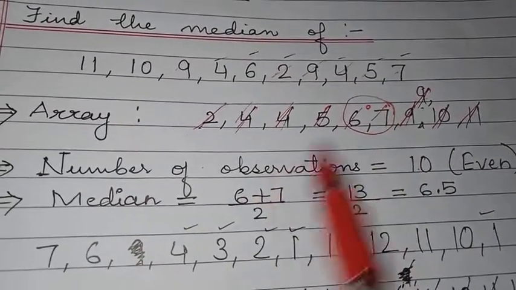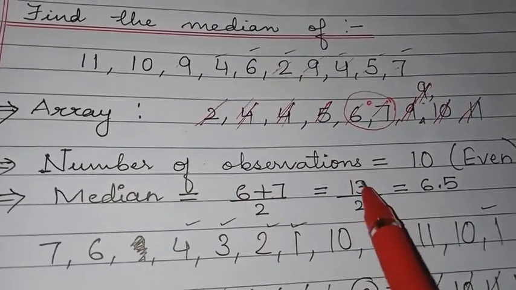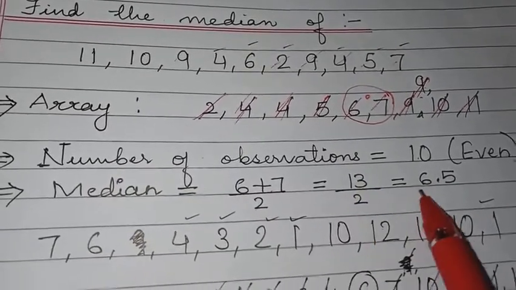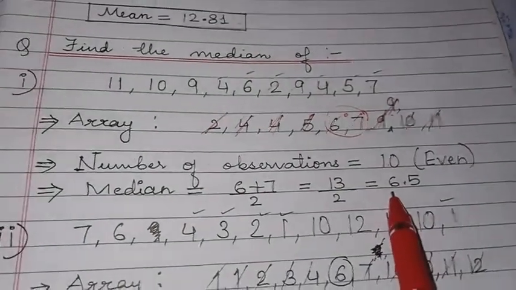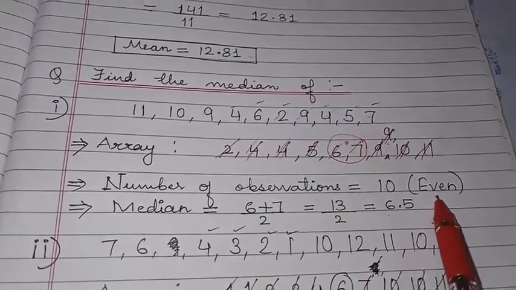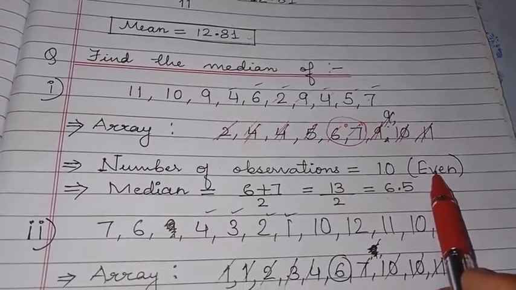Here 6 and 7 were there, so 6 plus 7 upon 2, 13 upon 2, which is equal to 6.5. I got the answer in decimal. You have to apply this for finding the median of an even number of observations. Keep that in mind.